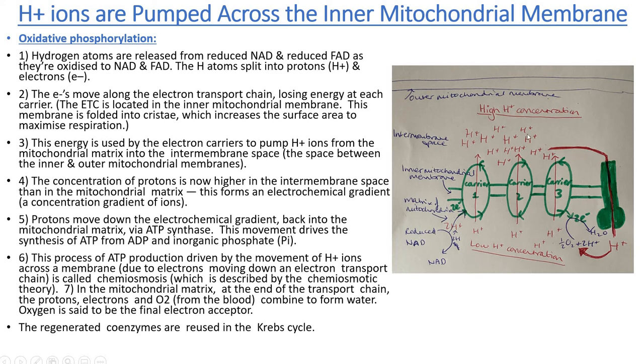So now you've got a high concentration here. What they want to do is diffuse down their diffusion gradient, also known as the electrochemical gradient, because there's more H+ ions in the intermembrane space and less in the matrix. They then diffuse back via the channel for the ATPase enzyme to join ADP plus phosphate to produce ATP.